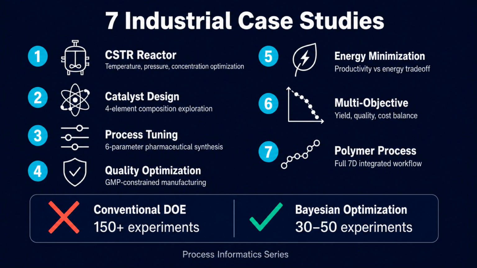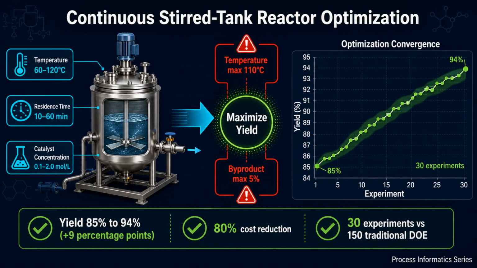of experiments. Our first case study focuses on optimizing an esterification reaction in a continuous stirred tank reactor. We optimize 3 parameters: temperature from 60 to 120 degrees Celsius, residence time from 10 to 60 minutes, and catalyst concentration from 0.1 to 2 moles per liter.